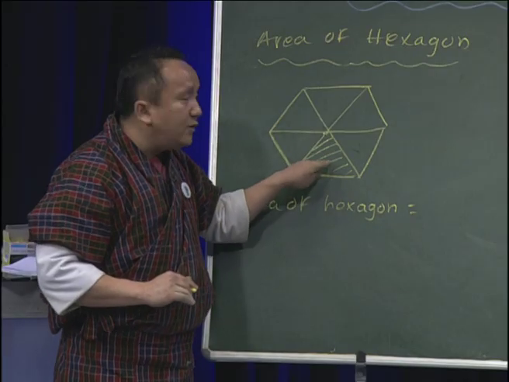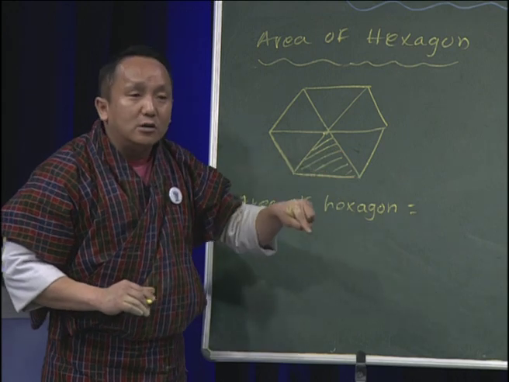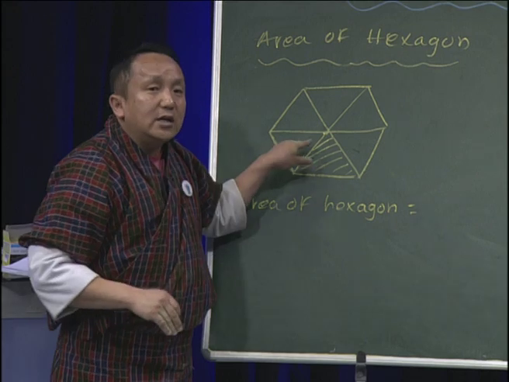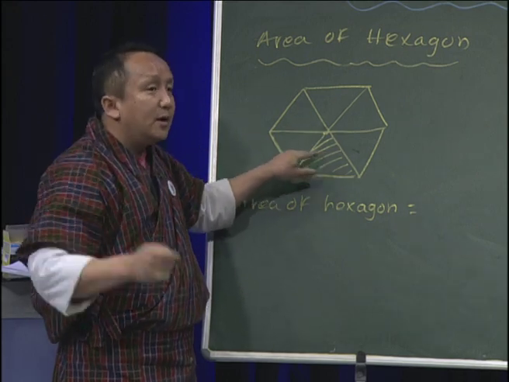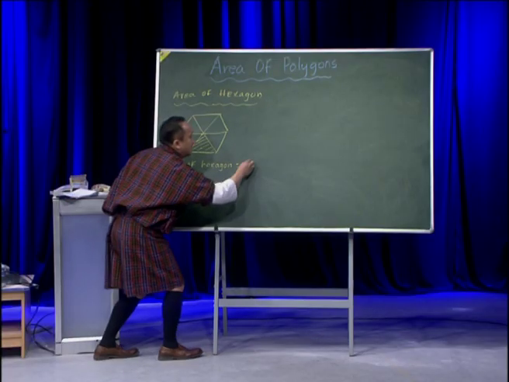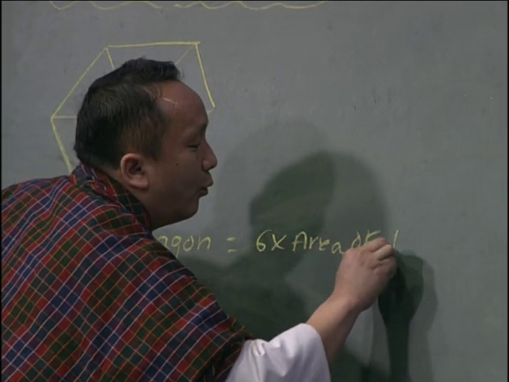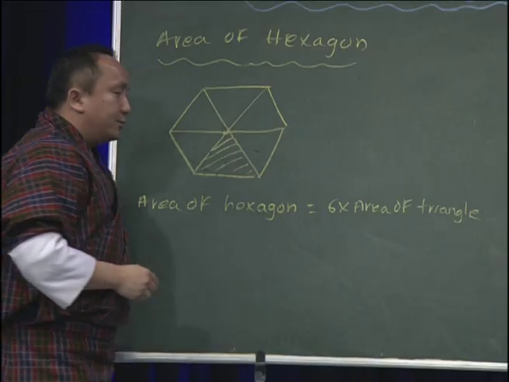Find the area of one of the triangles in the hexagon and multiply by 6. So therefore, the area of a hexagon is 6 times the area of one of the triangles in the hexagon.